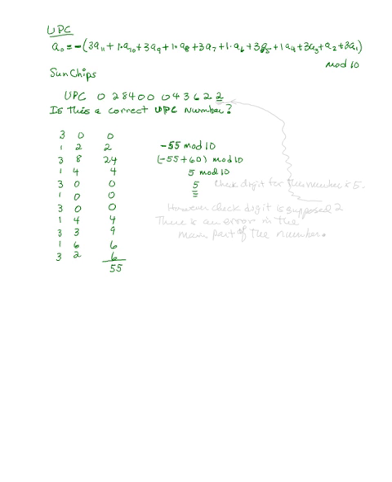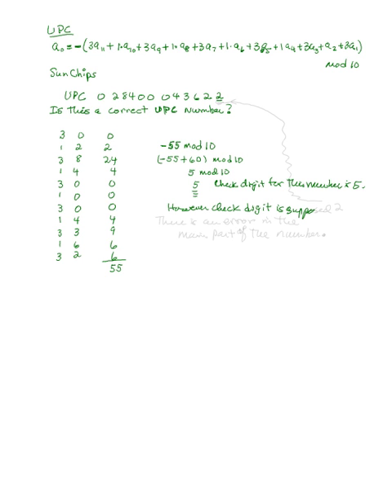So the check digit for the number that I've written, check digit for this number is 5. However, the check digit is supposed to be 2.